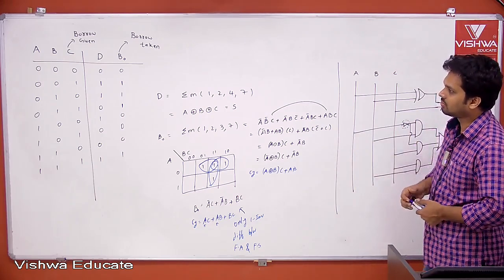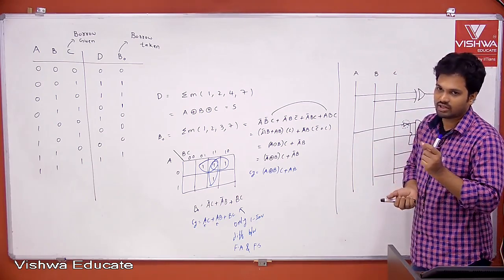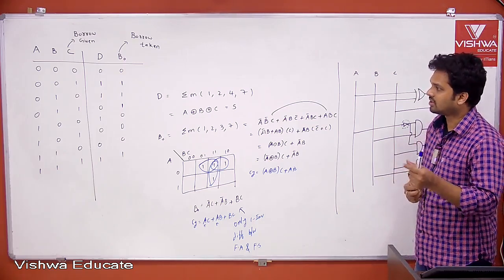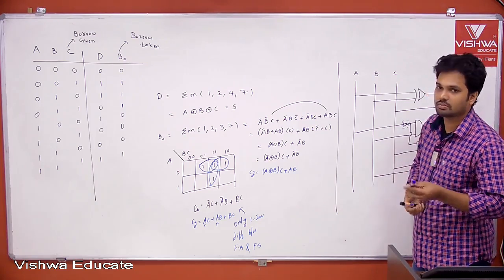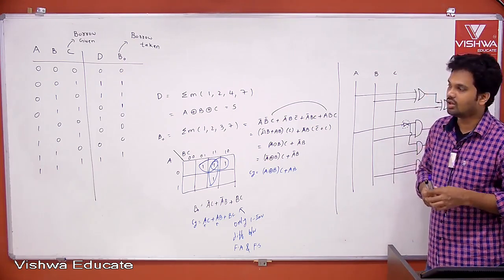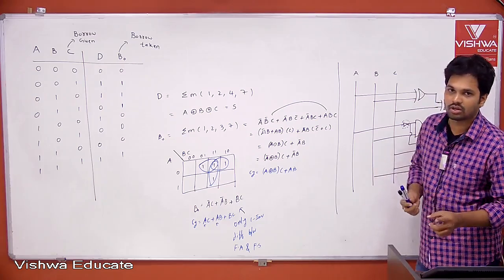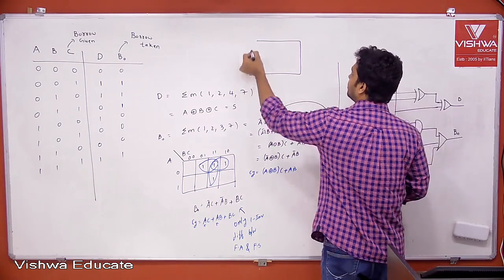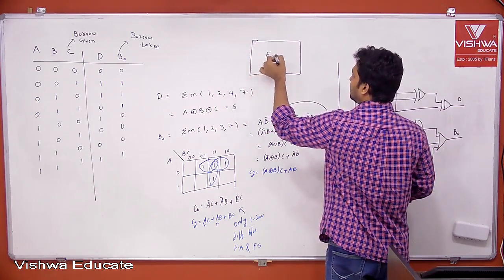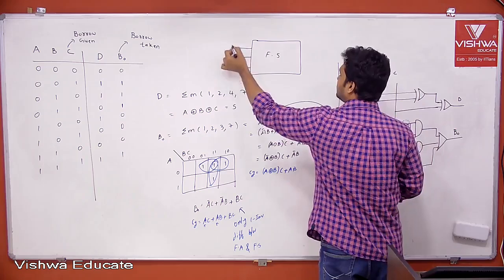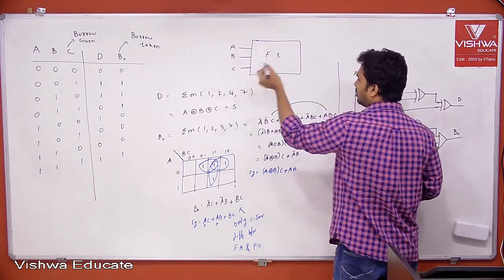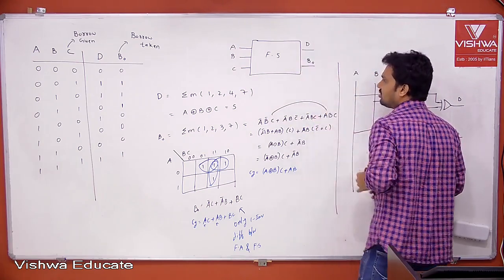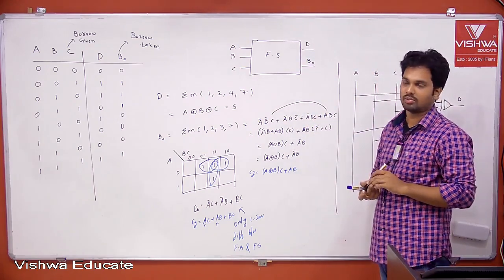Please understand the inputs A, B, C: A and B are the input, C is the borrow you have given, D means the difference obtained, and B is borrow you need to take. Borrow given to the lower order and borrow taken from the higher order. So this is the full subtractor block diagram. A, B, C. Borrow input you can also take your wish. Variables can be anything. 3 inputs and 2 outputs.